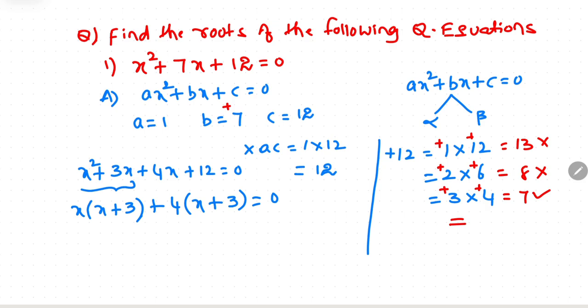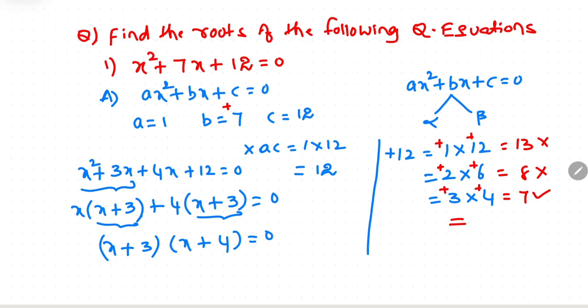One thing is very clear, that in both of these two brackets we should have the same term, x plus 3, x plus 3. It should be taken out as common. Therefore, x plus 3 into x plus 4.